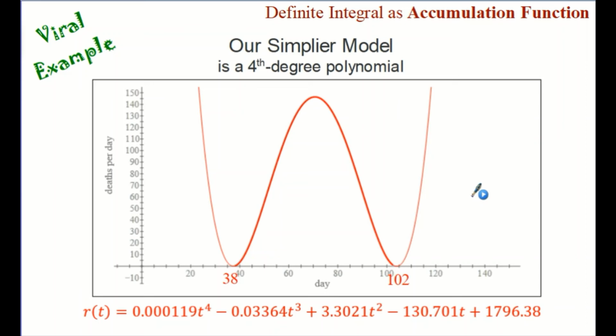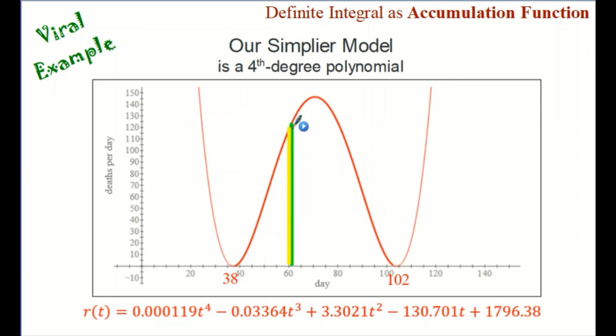And what that area under the curve will represent is, for example, if we start off right here, say going from day 60 to day 61, that's 1 day wide. And if on day 60 there were, what does this say, 120 deaths per day in Florida, then 120 times 1 will mean there's 120 deaths.